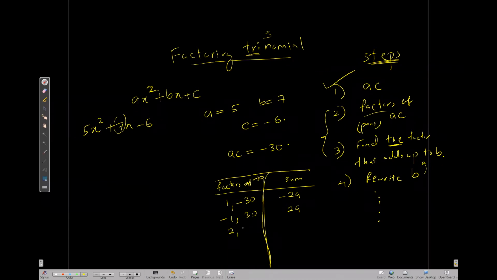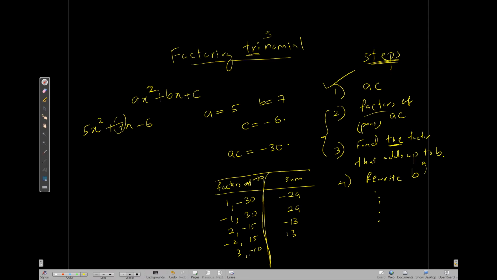2 and 15, one of them has to be negative, so let's make it like this. In the first case, the sum of these two numbers, 2 and negative 15, is negative 13. And negative 2 plus 15 is 13. It's not that number. Next, 3 and 10. See, with 3 and 10 you can make 7, but you need to make positive 7.